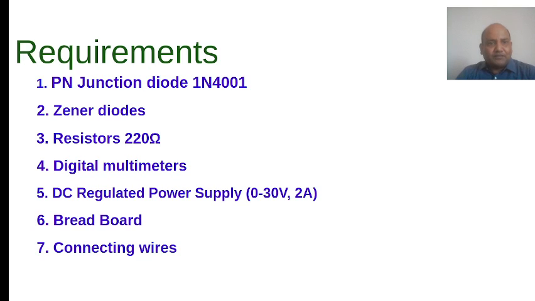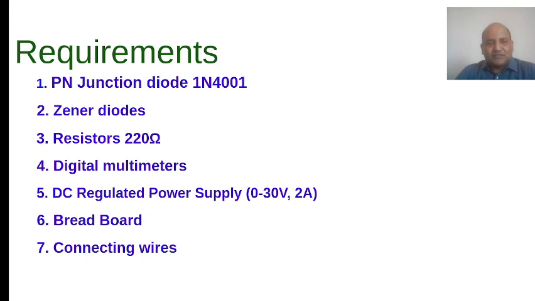The requirements of this experiment are a PN junction diode, a zener diode, and a 220 ohm resistance. The resistance is used to protect the diode. If you directly connect the diode in reverse bias or forward bias, there is a large drop across the diode and the diode can break.